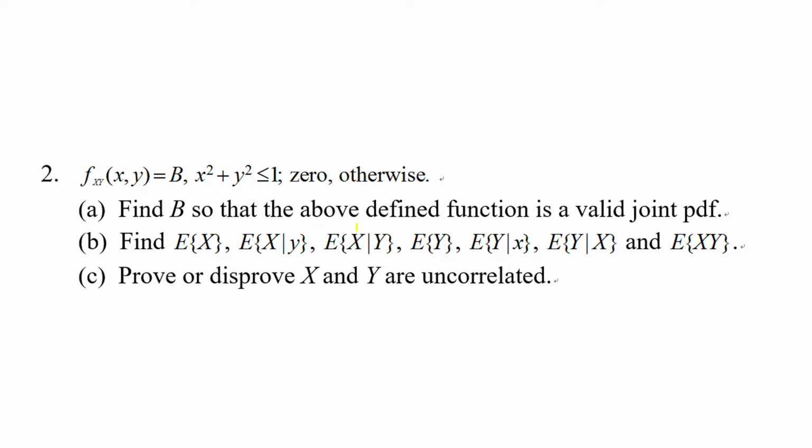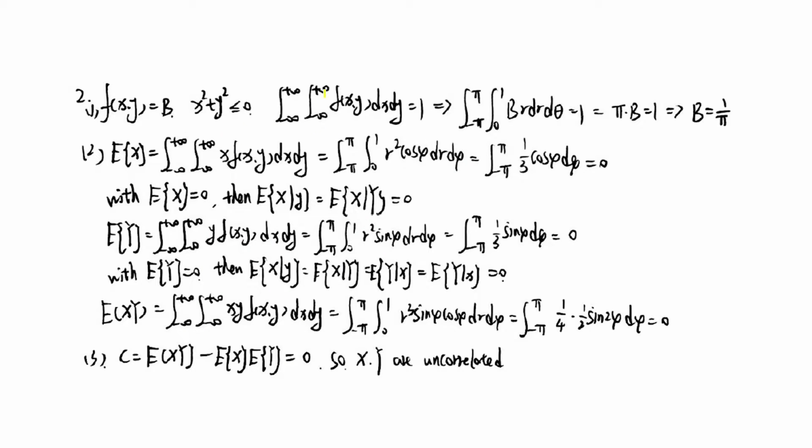function. And just like what we have discussed in question 1, if f(x,y) is a valid joint probability density function, when we integrate f(x,y) from negative infinity to positive infinity, it would be 1. So by applying this equation, we can find the value of b.